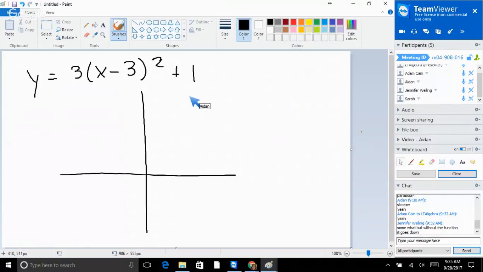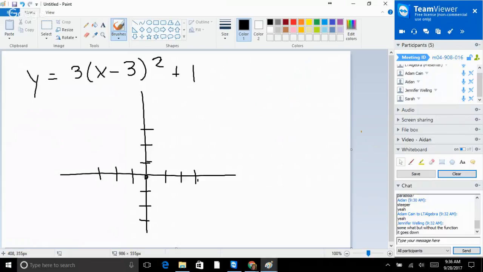Aiden's drawing on here. Aiden, do you want to draw on my little graph, my fantastic little graph that I have on here? So the standard form of a parabola, you're welcome to, seriously, Aiden. The standard quadratic equation is at 0, 0.